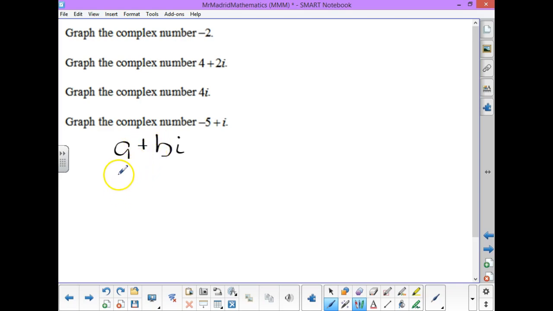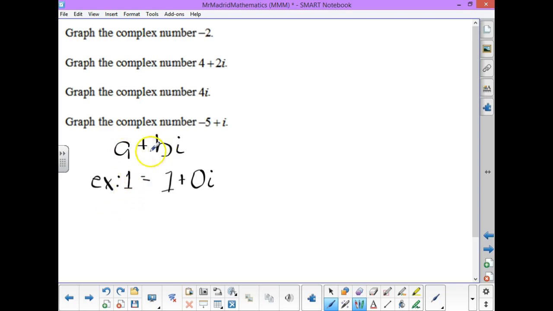For example, the number 1, the typical number 1, in the world of complex numbers can be written as 1 plus its imaginary part, which does not exist, 0i. So this front part refers to the real component, and this is the complex component.